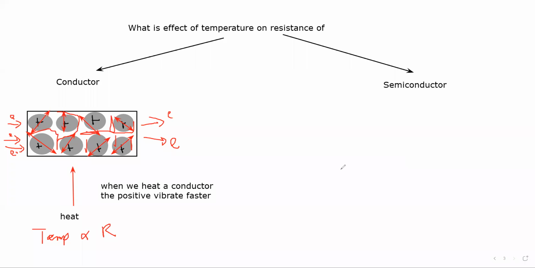But for semiconductors, what happened? For semiconductors, as I mentioned, they don't have too many free electrons, positive ions, sorry. Most of them are molecules.